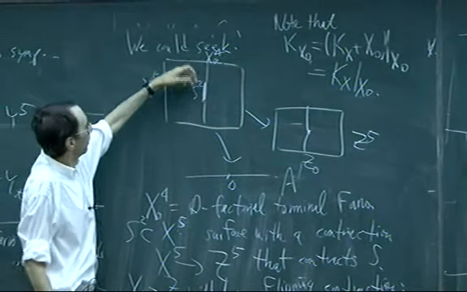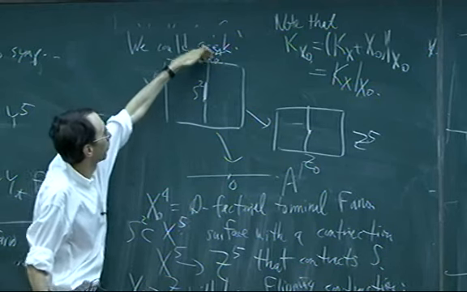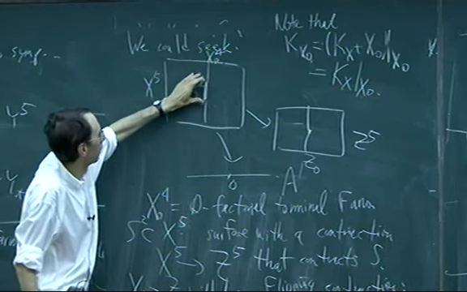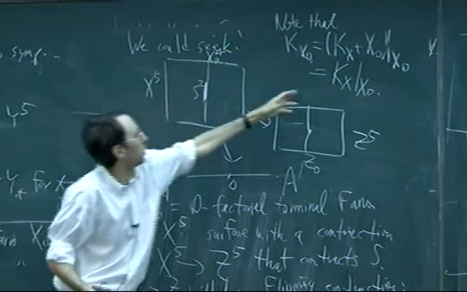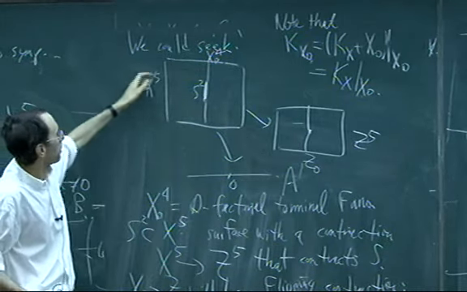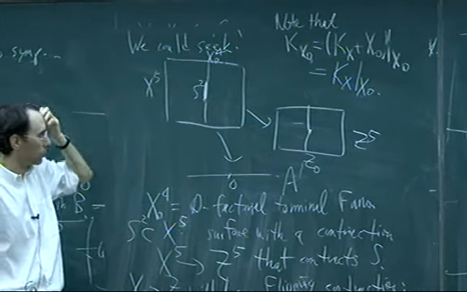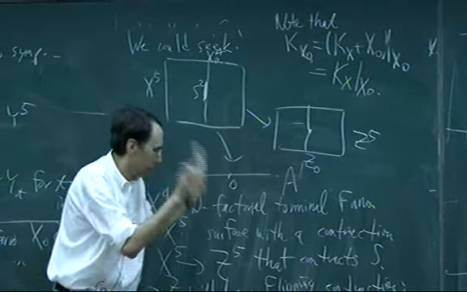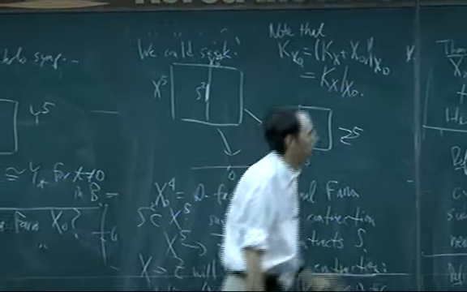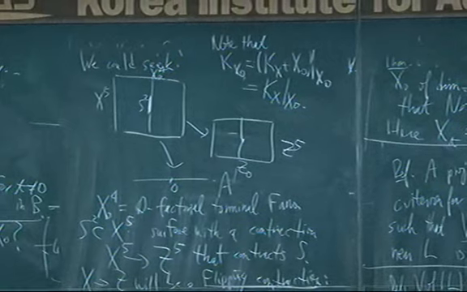So, the fact that X naught is a Fano variety means that the canonical bundle of X naught is definitely negative on curves in here, and that's equivalent to saying that the canonical bundle of X is negative on these curves in here. So in other words, a contraction like that is going to be a flipping contraction in this situation.